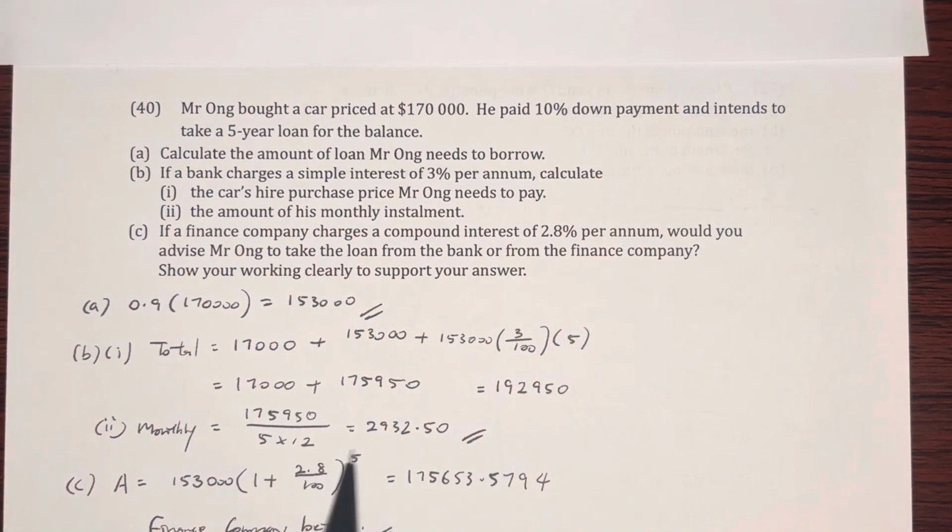So the year is 5, the interest rate is 2.8, and then I calculate. So it's between this number and this number. This is the simple interest version. This is the compound interest version. You can see that clearly this number is lower. So we should go with the finance company because this number is lower. So hope you learned something new. Thank you and bye-bye.